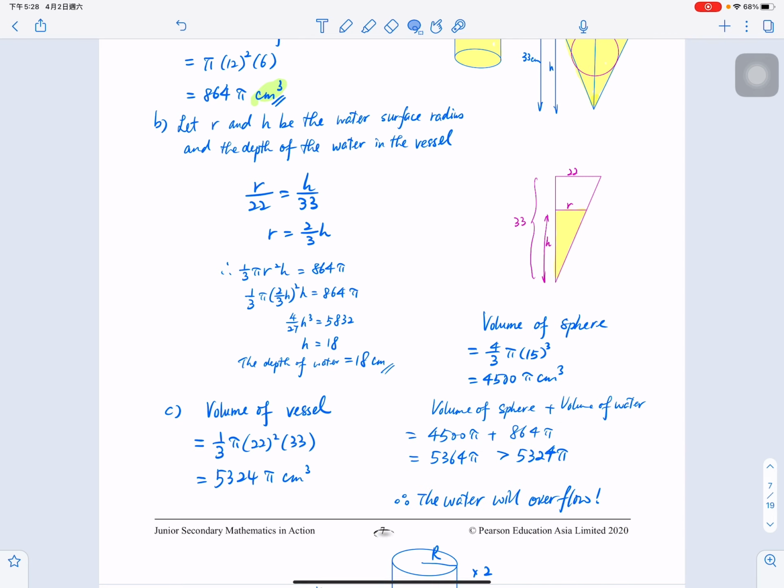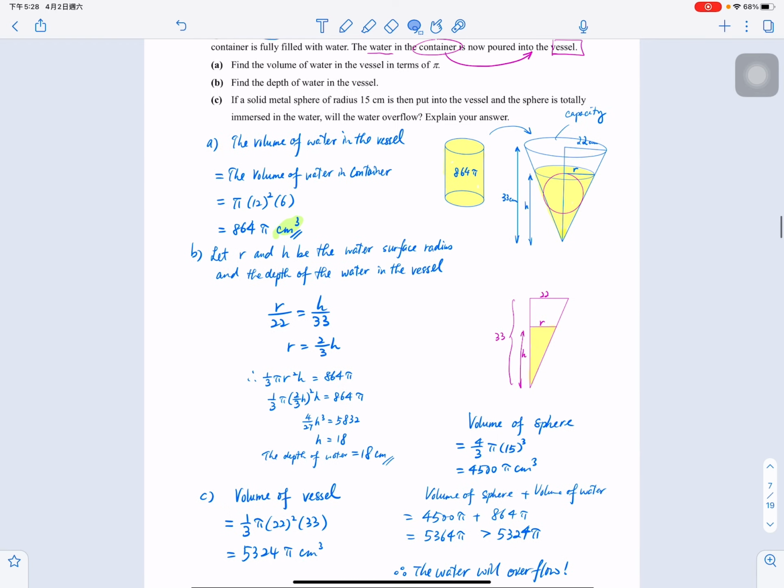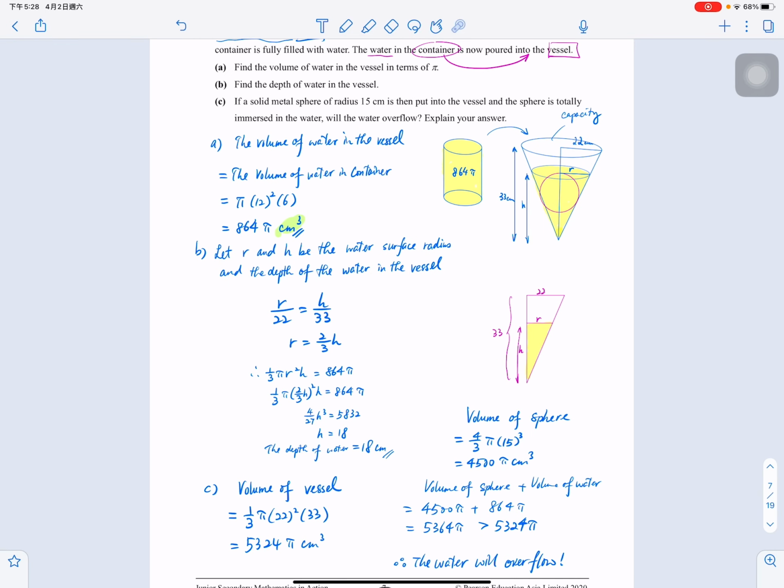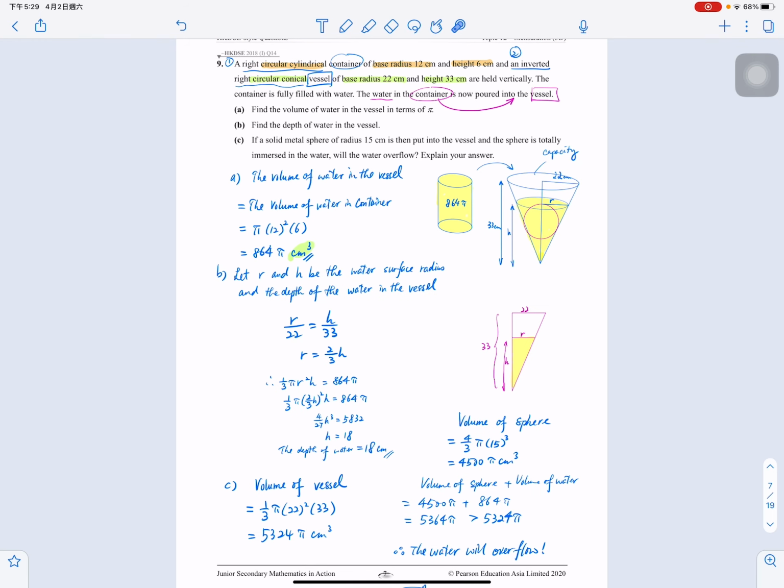You need to write down the water will overflow, because the question is asking you, will the water overflow? You need to answer yes or no, will or will not. And you know adding up the two volumes will be greater than this one. That means the water overflows. Understand? Okay, that's great.